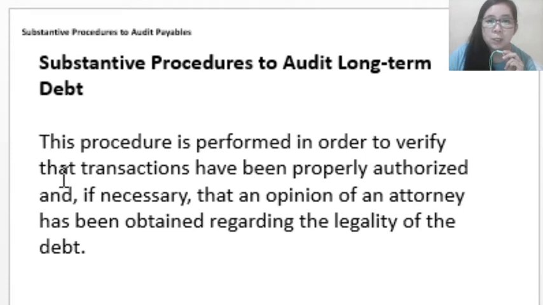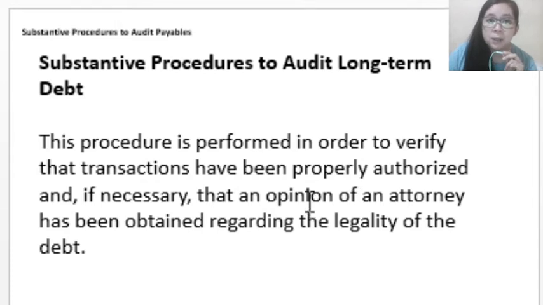This procedure is performed in order to verify the transactions are properly authorized. And if necessary, if based on the professional judgment of the auditor, he thinks that an opinion of an attorney should be obtained regarding the legality of the debt.